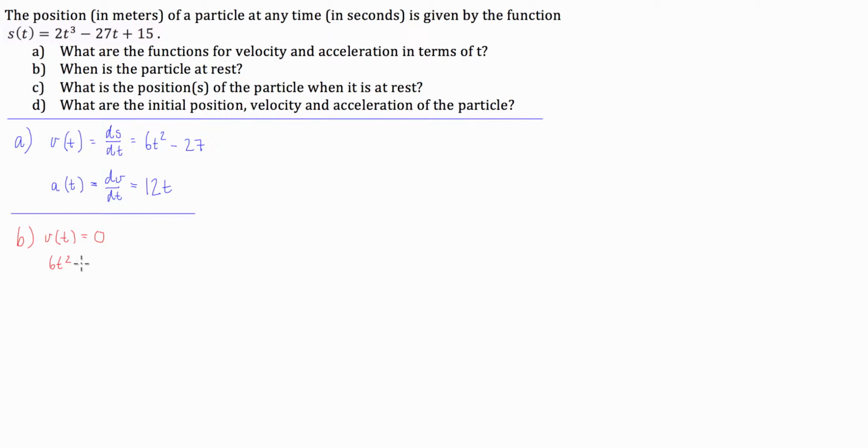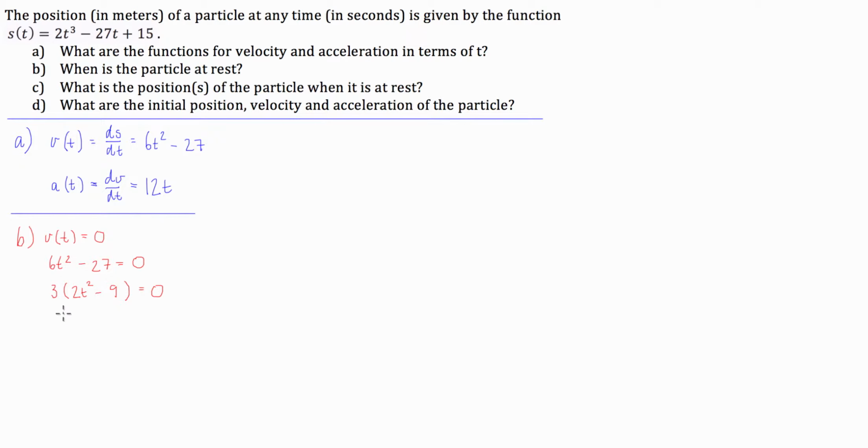6t squared minus 27 is equal to 0. And what I'm going to do here, I'm going to factorize the left-hand side by 3. Two t squared minus 9 equals 0.